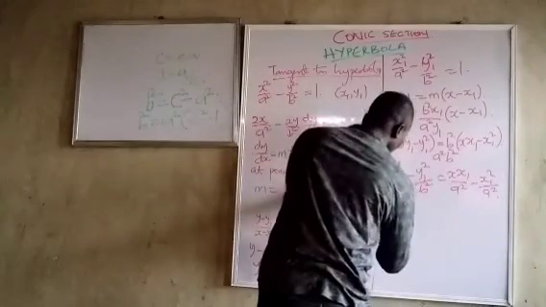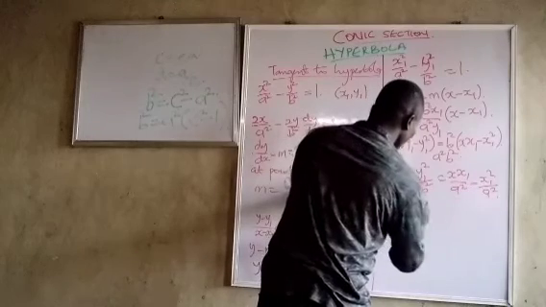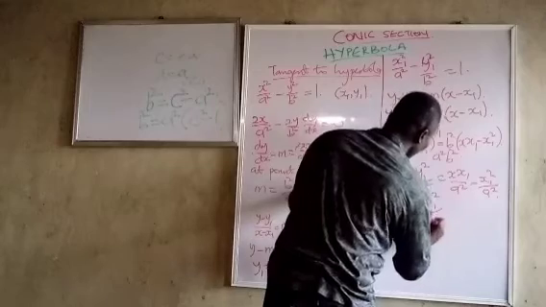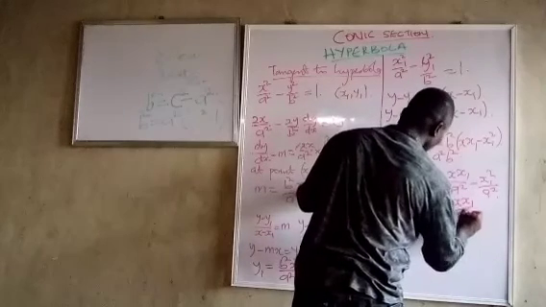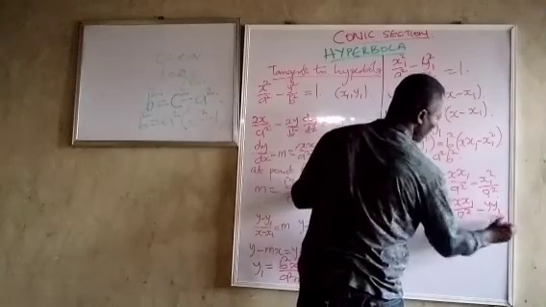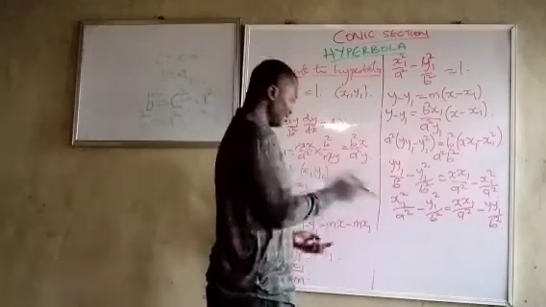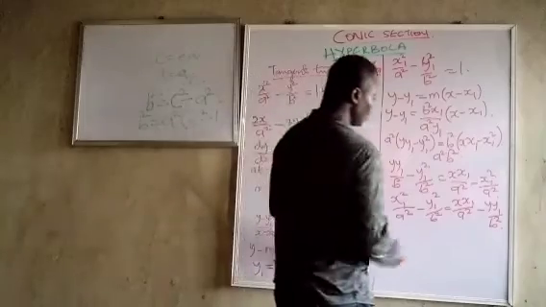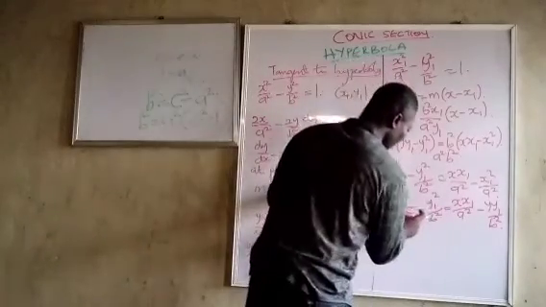So I'm going to have x1 squared over a squared minus y1 squared over b squared is equal to x x1 over a squared minus y y1 over b squared. Now this is very similar to the ellipse. The only thing is that there are just some sign changes because of the sign in the middle.